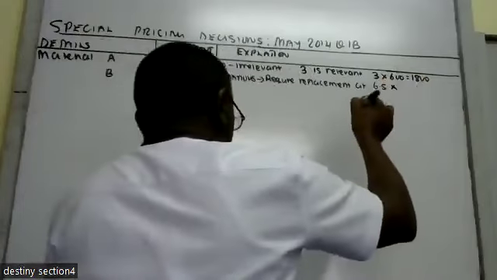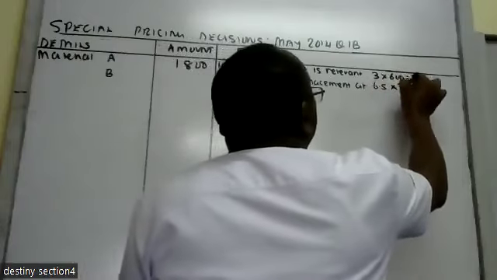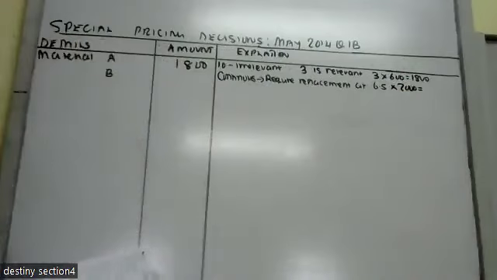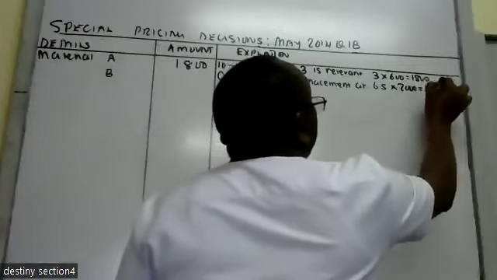So we can even say 6.5 times 2,000. How much is that? 13,000.